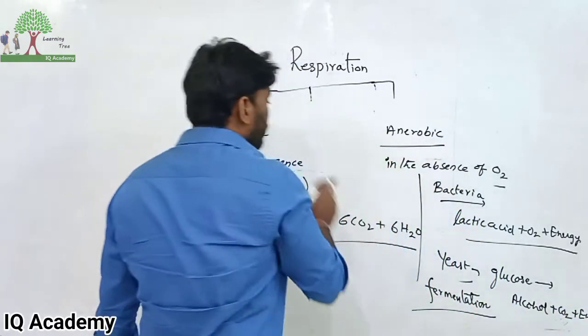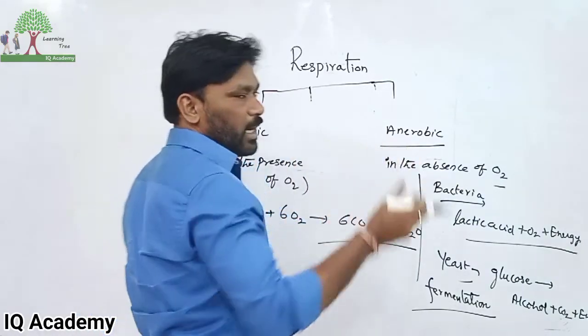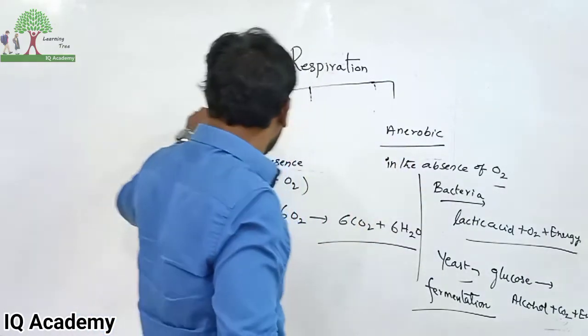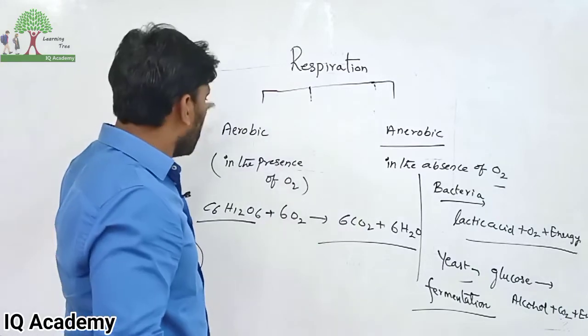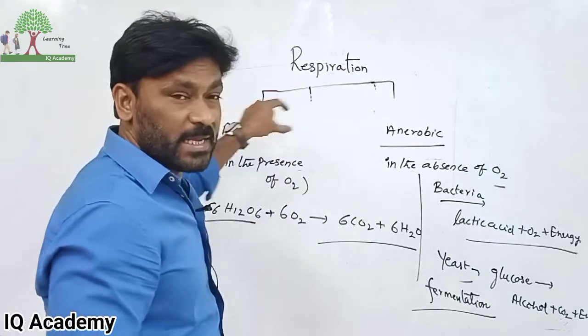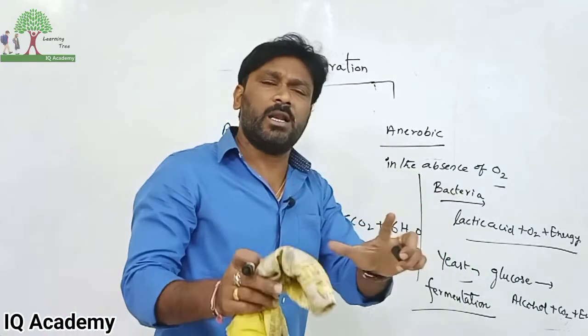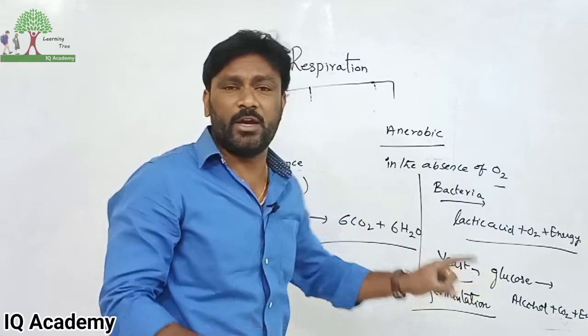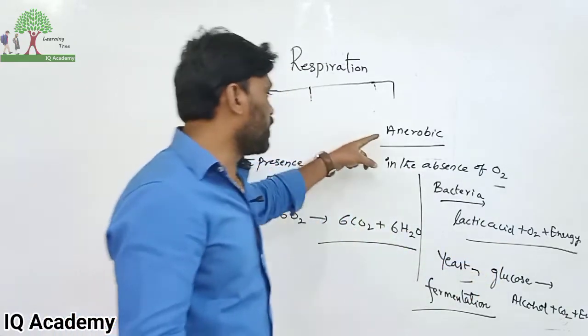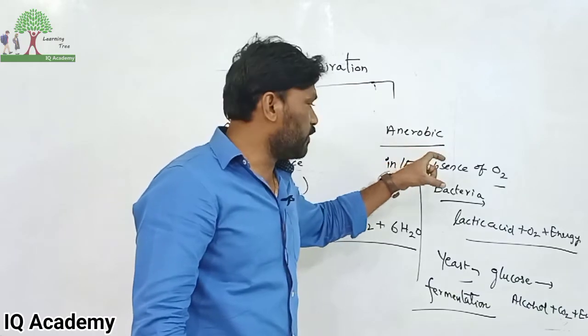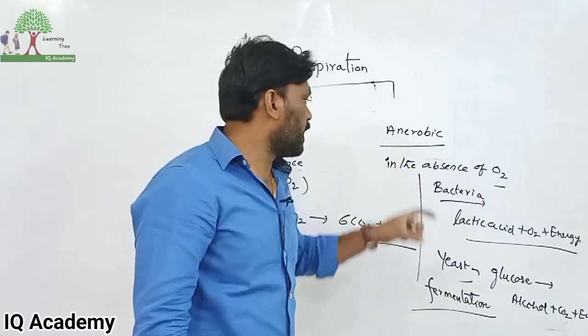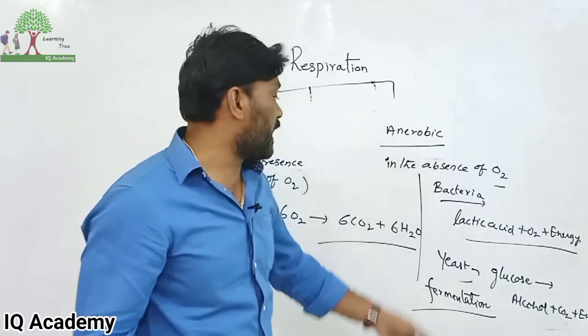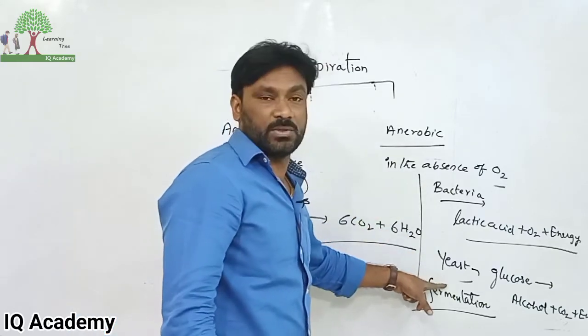So this is the aerobic respiration and anaerobic respiration. Aerobic respiration is nothing but the respiration that takes place in the presence of oxygen. All vertebrates come under the aerobic respiration. Anaerobic respiration takes place in all invertebrates and as well as some microscopic organisms like bacteria and yeast.